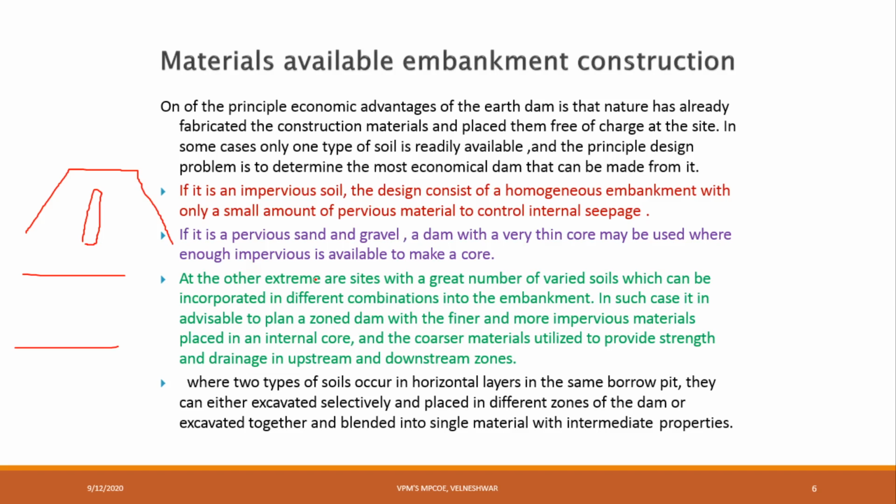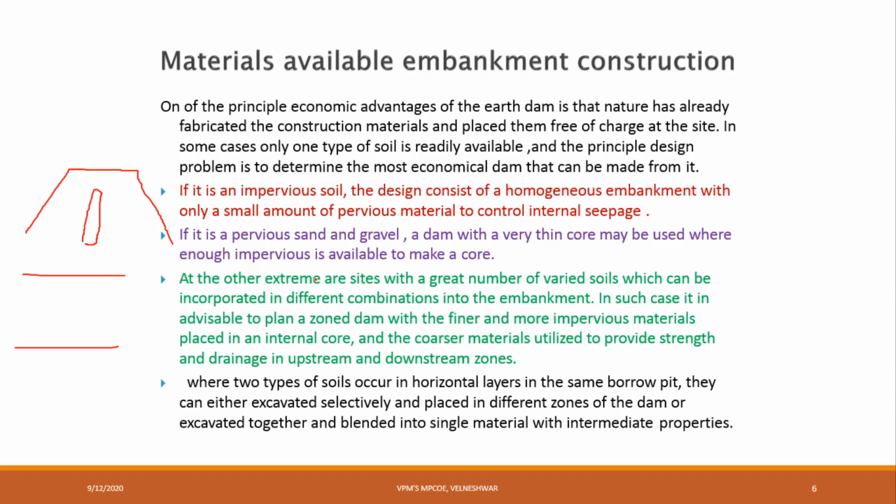Like this we can construct our earthen dam, where two types of soil occur in horizontal layers in the same borrow pit. They can either be excavated selectively and placed in different zones of the dam. Generally, for suppose in some location two types of soil will be there at a time. At that location, we can either excavate selectively or excavate the entire thing and provide it wherever required.